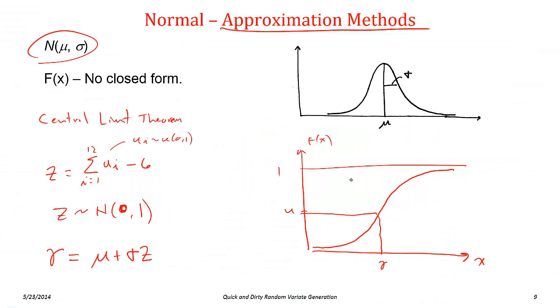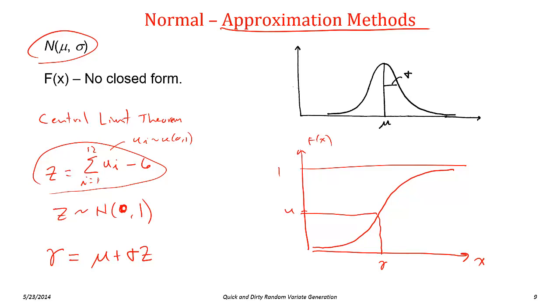So we can ask ourselves, how does this expression work? Again, the central limit theorem gives us the fact that if we sum independent random variates, the sum is normally distributed. We chose 12 because we can then force the standard deviation to be 1, because the variance of the z value is going to be 12 times the variance of the individual ui.